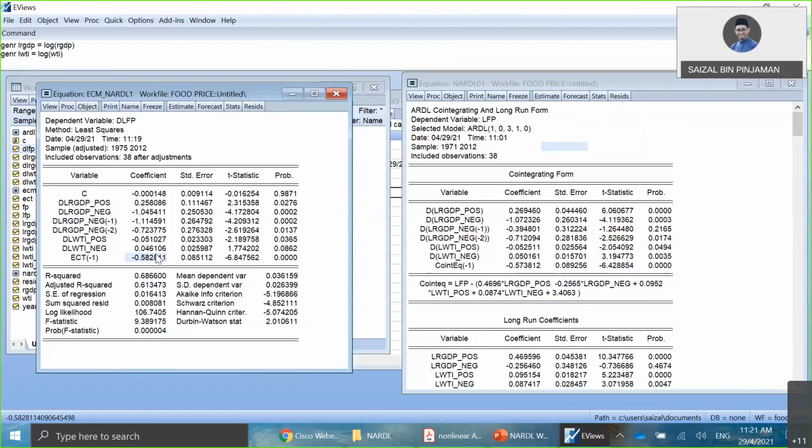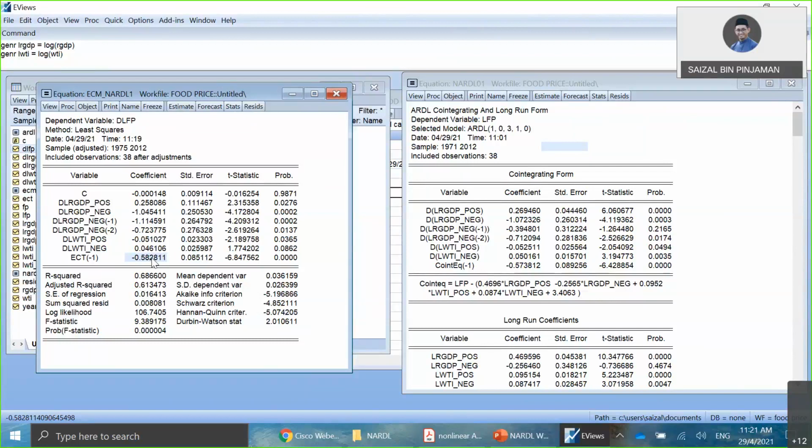So this value of 0.5828 means that any shocks that happen in the independent variable will be corrected at the rate of 58.28% per period.